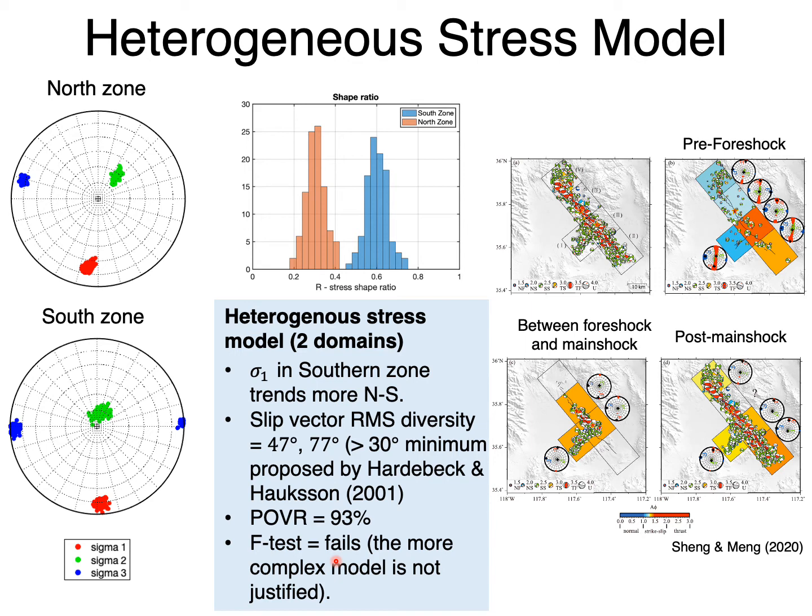We cannot reject the null hypothesis under an F test that the additional model parameters or a more complex model can explain the variance in the data given the presence of additional model parameters. So it seems that we cannot justify using a more complex model to explain the variance in the data.